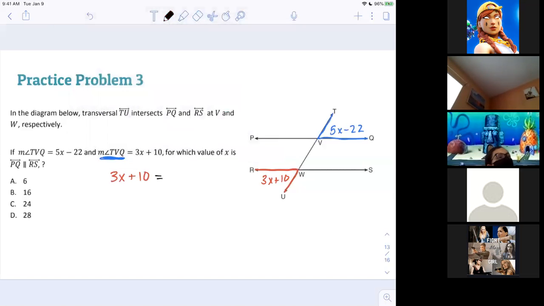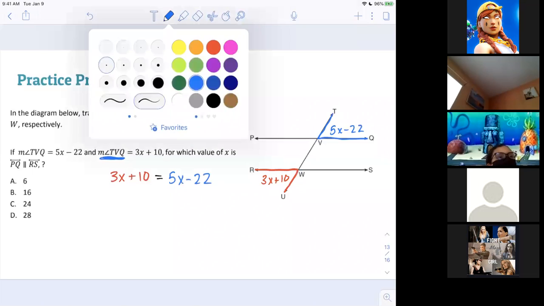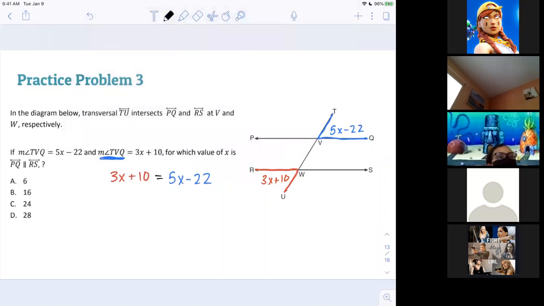Good. We know that they have to be equal to each other because what type of relationship do they have? Alternate exterior angles.